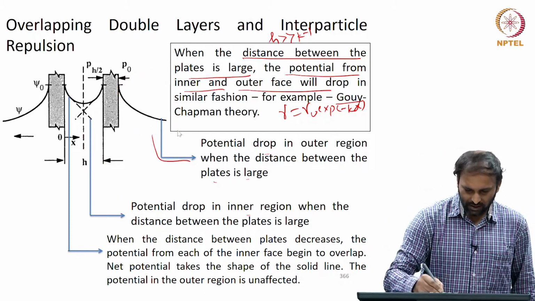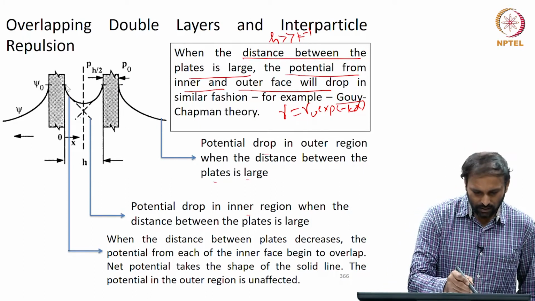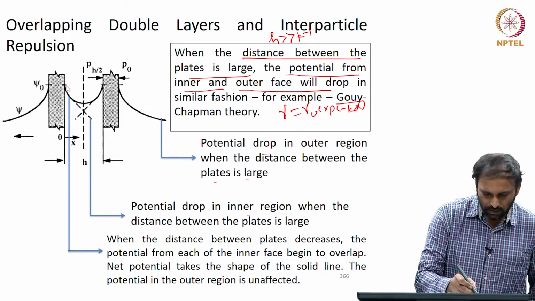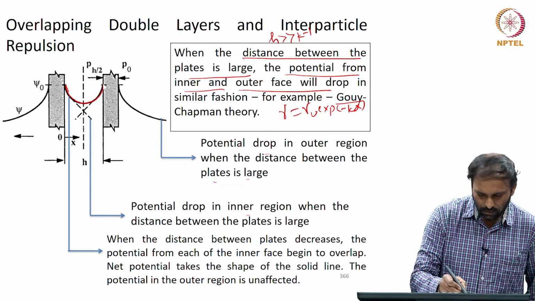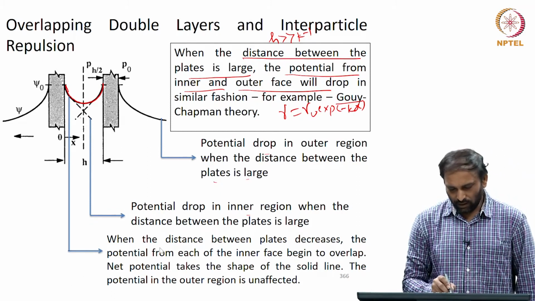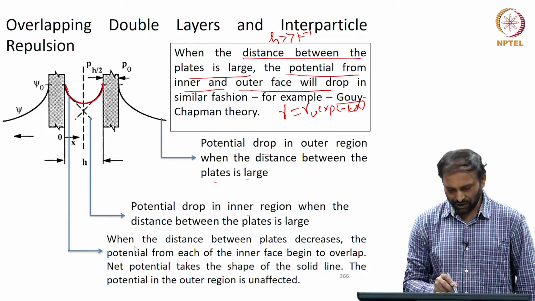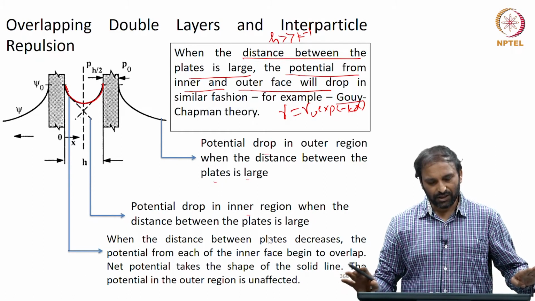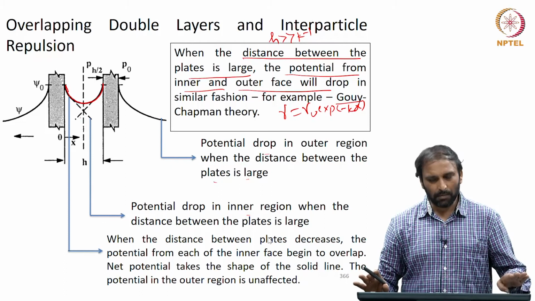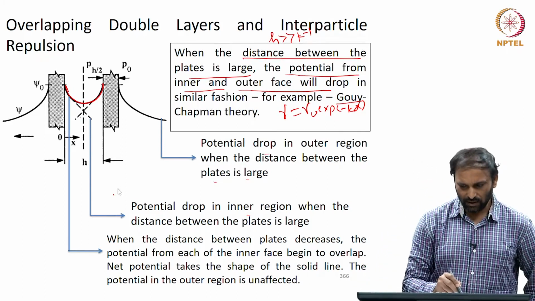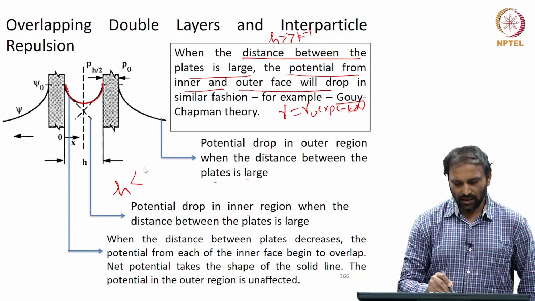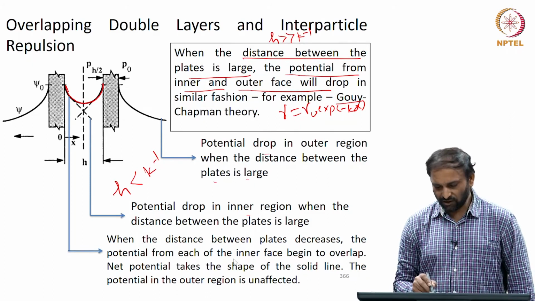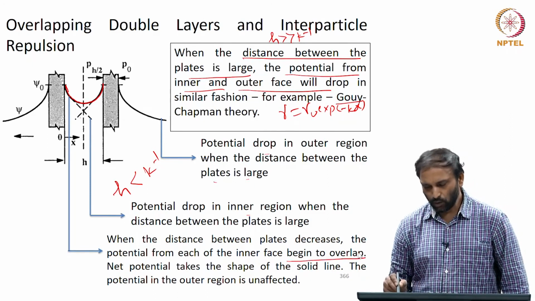And what you also see in the schematic is this line. That is the potential variation when the distance between the particles starts decreasing. That means, when the particles are sufficiently close such that now h is less than kappa inverse, the potentials from each of the inner faces begin to overlap.